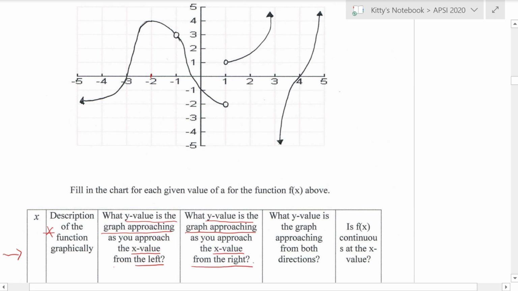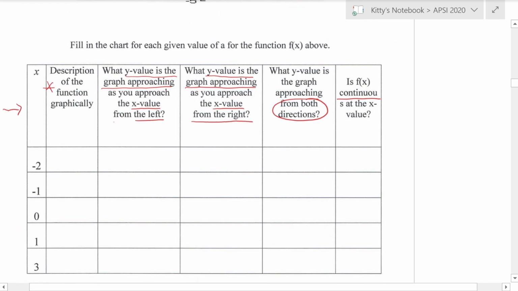How about both sides, both directions? And is it continuous? Okay, so we're going to go to -2, -1, 0, 1, and 3, and see what we think about that.